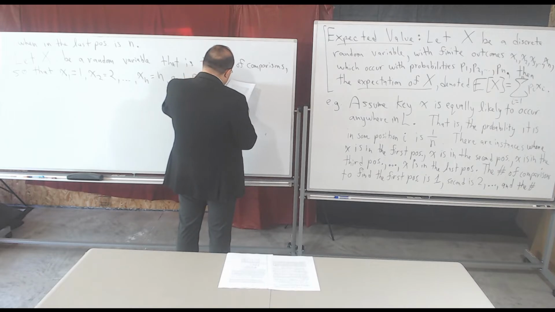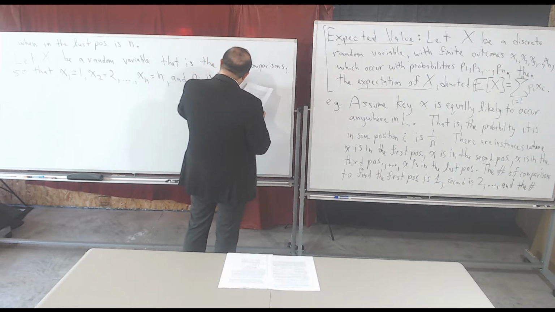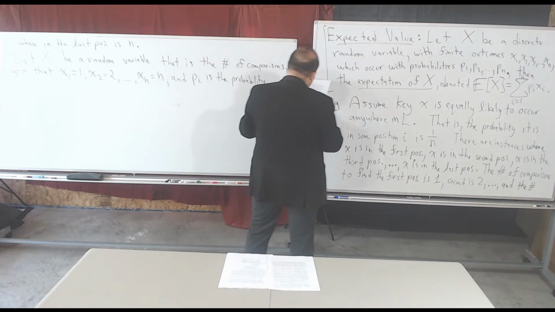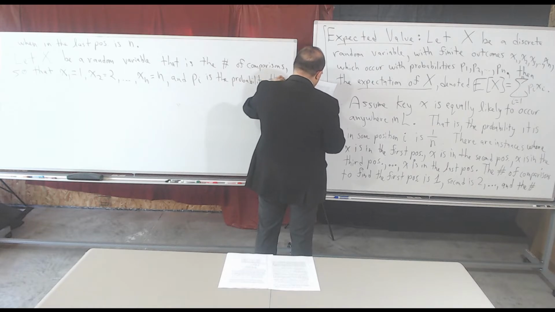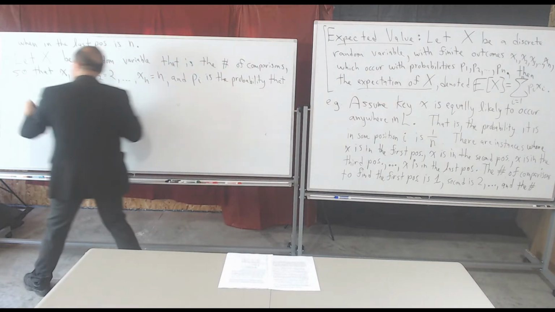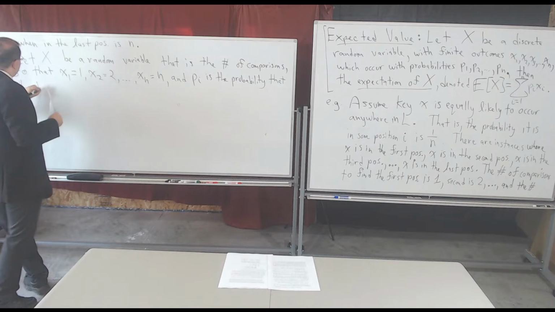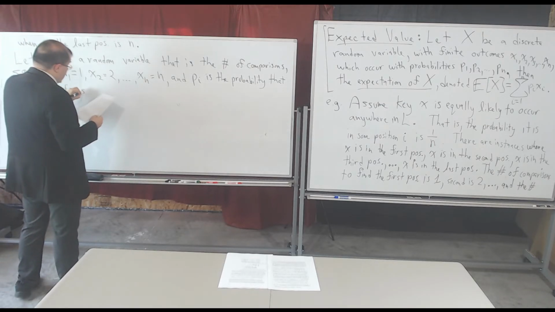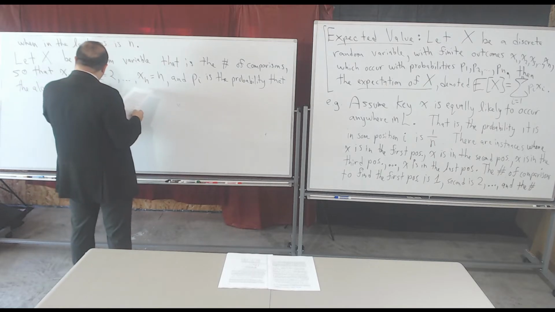And p sub i is the probability that the algorithm performs i comparisons.